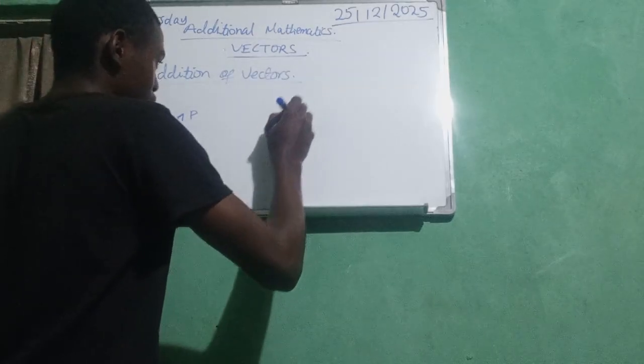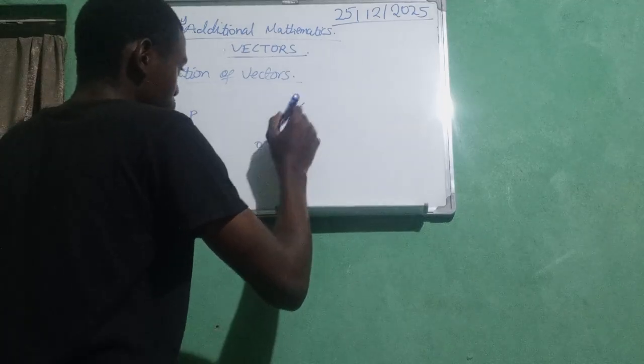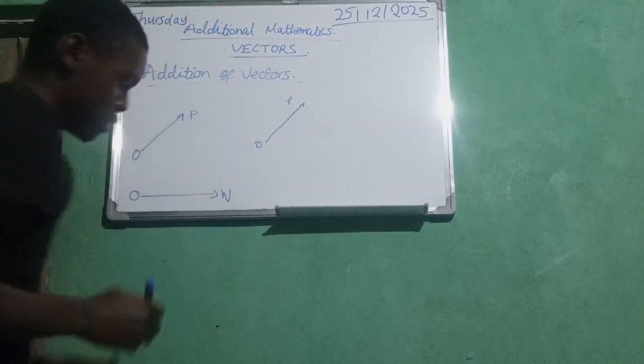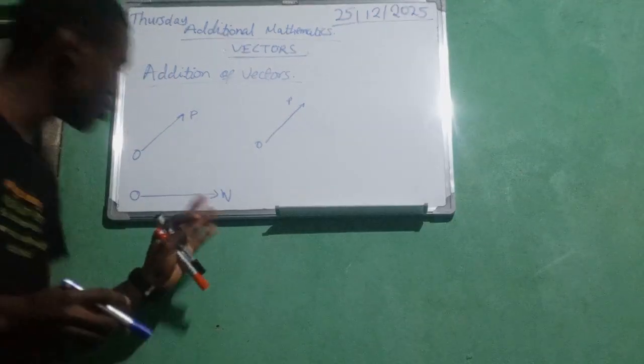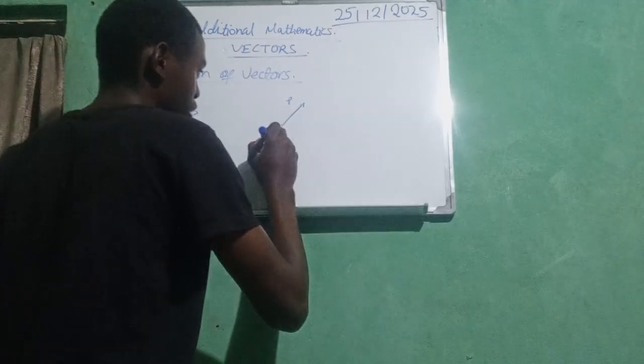What you do is you get the OP. Usually you start with the vector that is pointing up. So that's the OP right there. And then you get your OW. It's going to go like that.